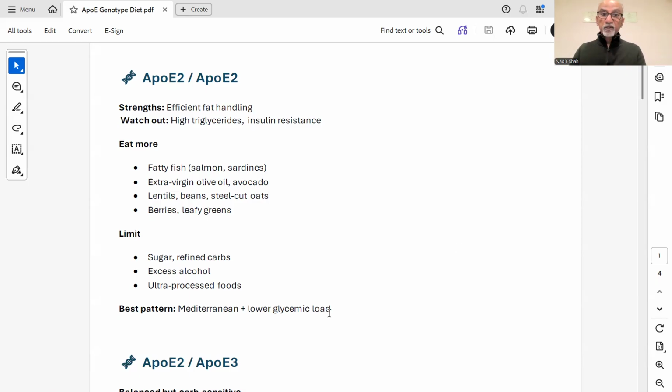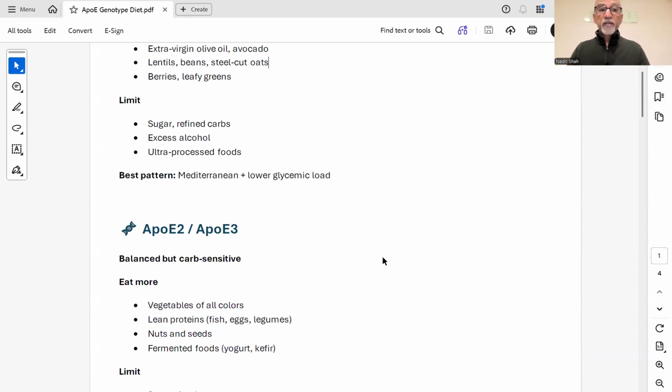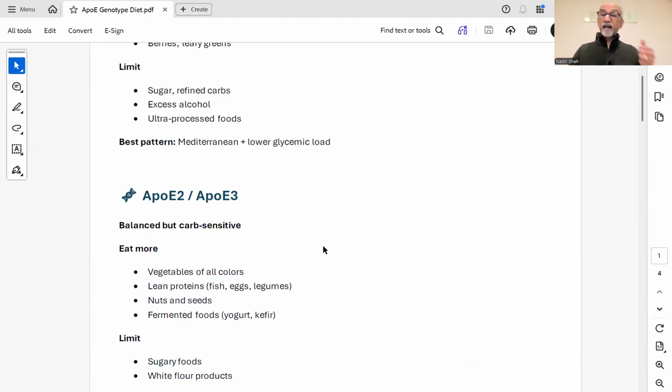So you don't always have to see if it's low GI, but watch for the carb, because ultimately the carb is going to turn into glucose, and then you're going to have a spike in your triglyceride and your insulin resistance.